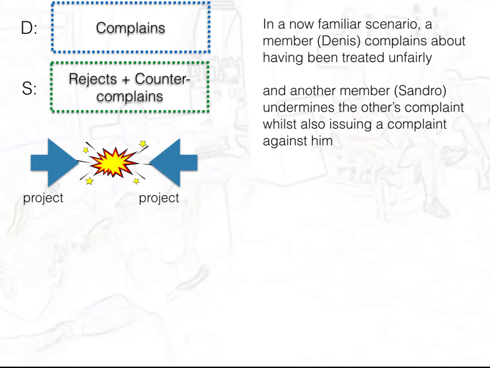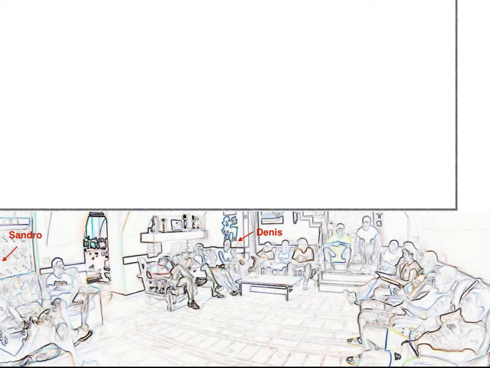We know that what happens next is the crucial moment where the conflict can escalate. Okay, so Dennis complaining, and another staff member undermining his complaints, not acknowledging his perspective, and we have already seen that it's a really tricky thing to do, but it happens in more than one case. So what happens next?